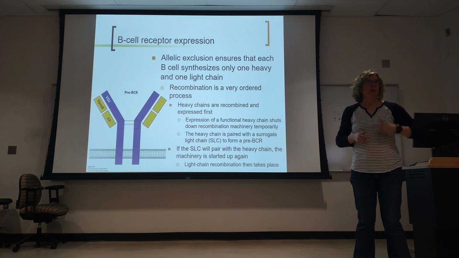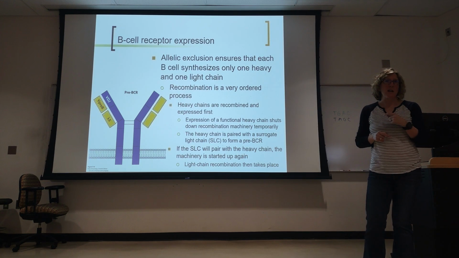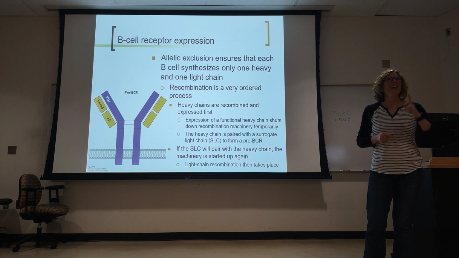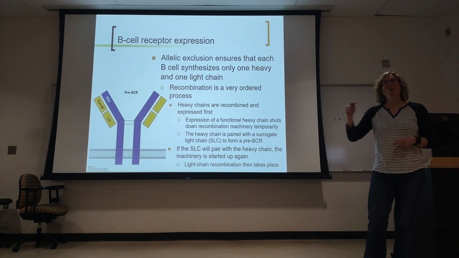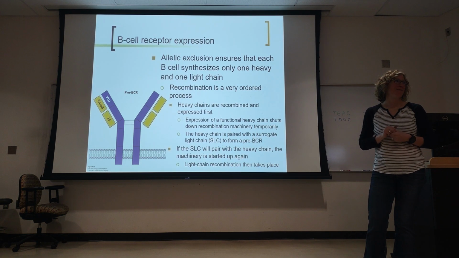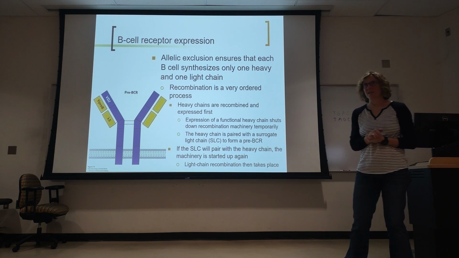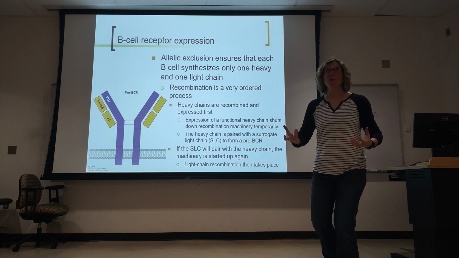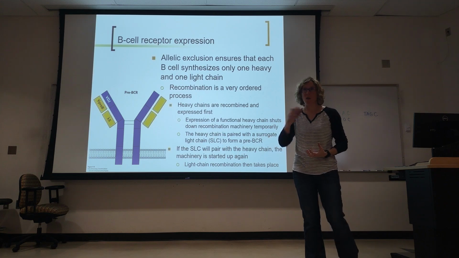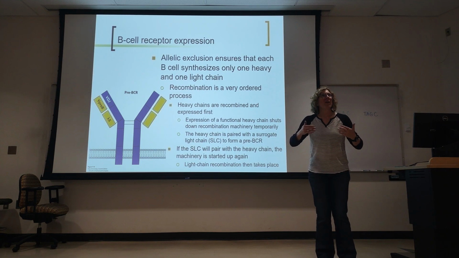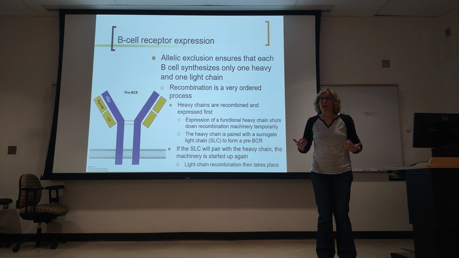We're going to test the heavy chain that we made from Dad first and see, does it work? If it doesn't work, we can try to rearrange Mom's information to make a viable heavy chain. Right? So we're not trying to rearrange all of the chromosomal information at once. The cell does it in a very ordered, stepwise process.